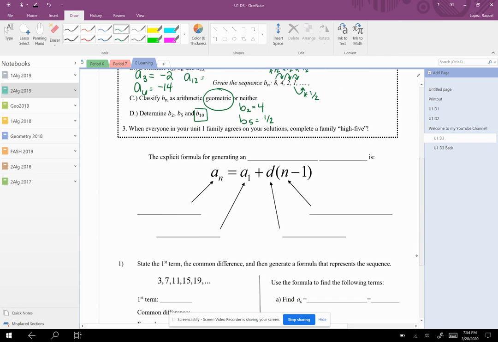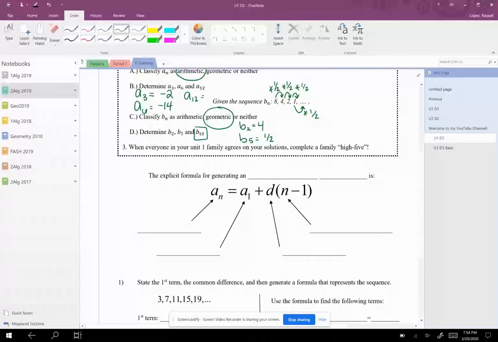So let's talk about the explicit formula for generating an arithmetic sequence. We have a sub n equals a sub 1 plus d times the quantity n minus 1. Now, what the heck do all of these letters stand for?